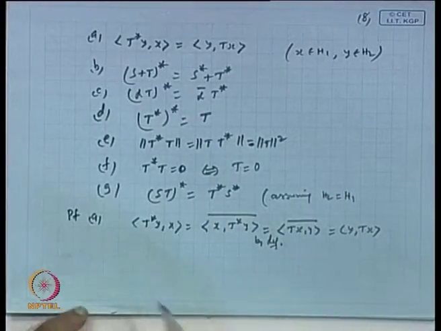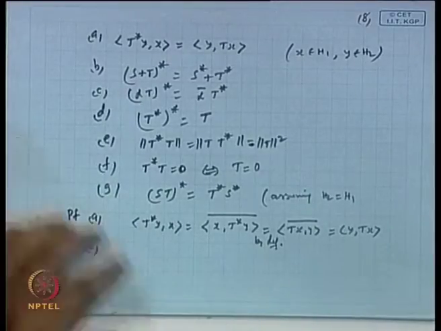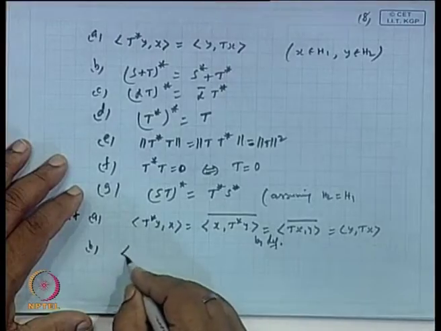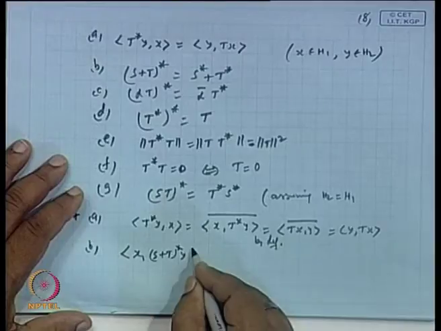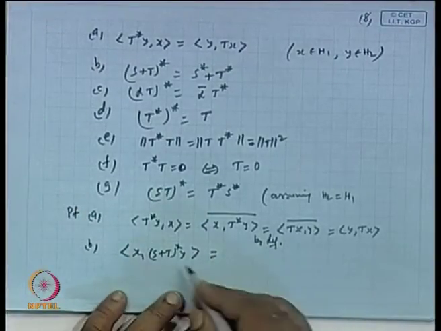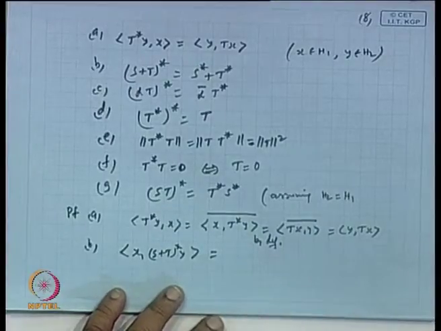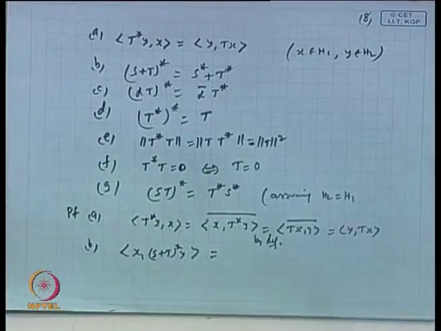Clear? Second part, consider ⟨(S+T)x, y⟩. Okay. Now, by definition, because if S is a Hilbert adjoint operator, T is a Hilbert adjoint operator, both are, then S plus T will also be a Hilbert adjoint. Why? Because what is required for the Hilbert adjoint operator is that it should be a bounded linear operator from H1 to H2.